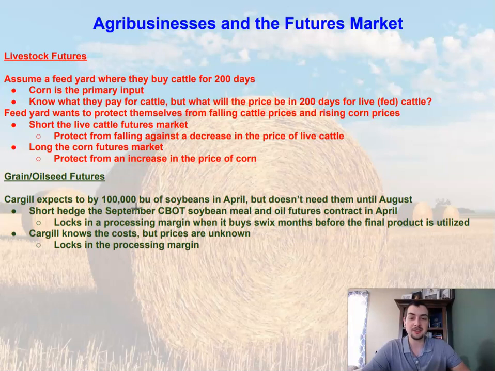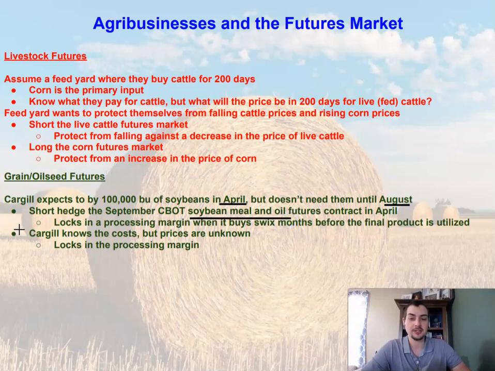So they expect to buy 100,000 bushels of soybeans in April, but they aren't going to need them until August. They aren't going to be processing or using them until August. They are going to take those soybeans and turn them into soybean meal and oil.